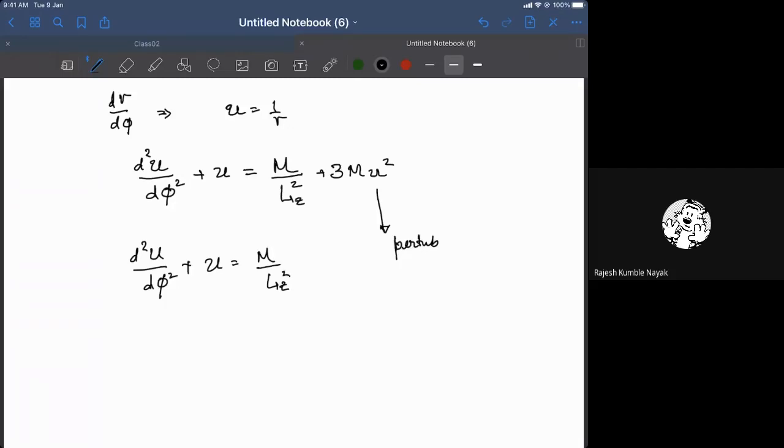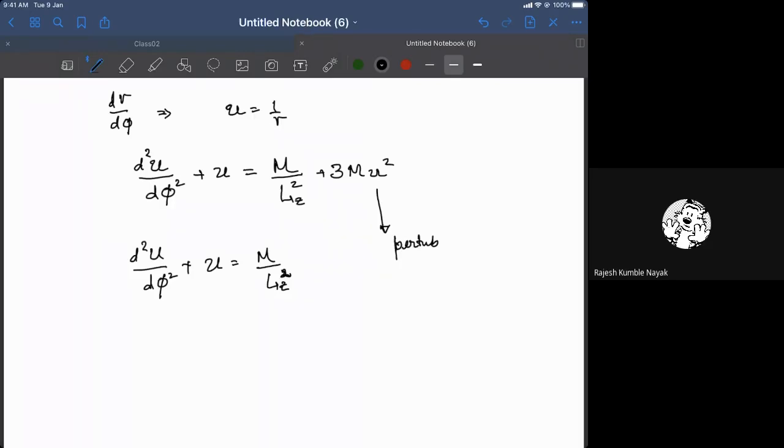This is a simple harmonic equation with a constant source term, and that can be easily solved. You can plug it into Mathematica or whatever, but this should not be very difficult.